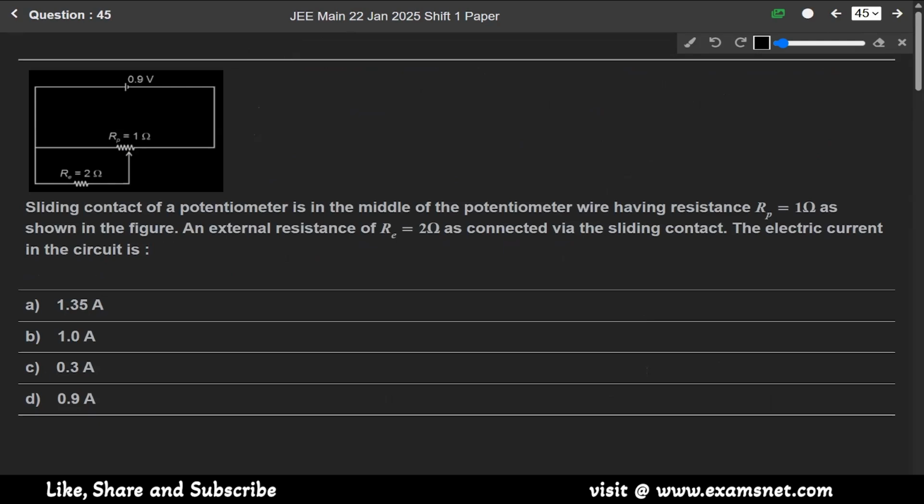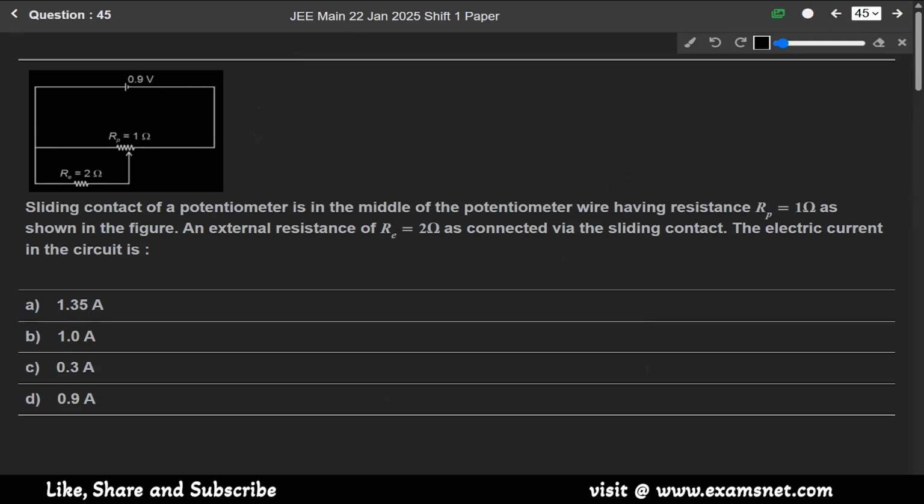Now question 45. We are given this circuit diagram and the sliding contact of a potentiometer is in the middle of the potentiometer wire having resistance 1 ohm as shown in the figure, and an external resistance of R equals 2 ohm is connected via the sliding contact. The electric current in the circuit is?